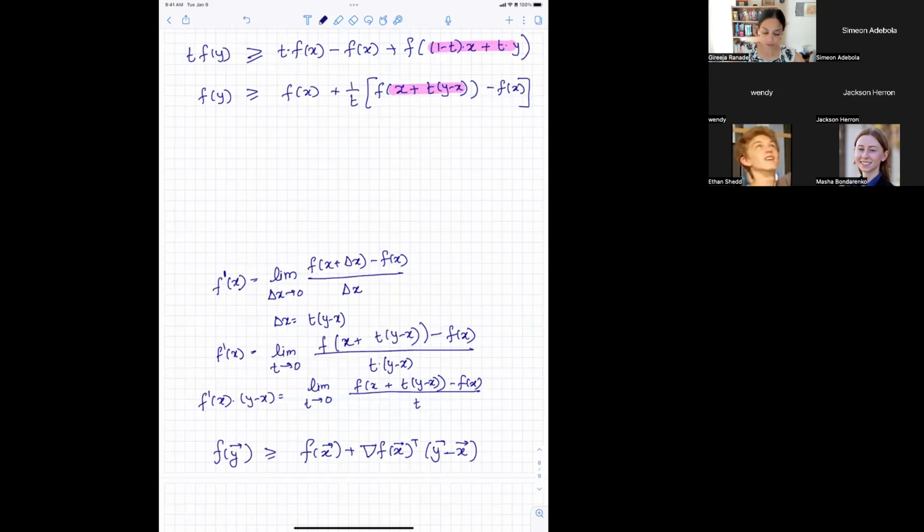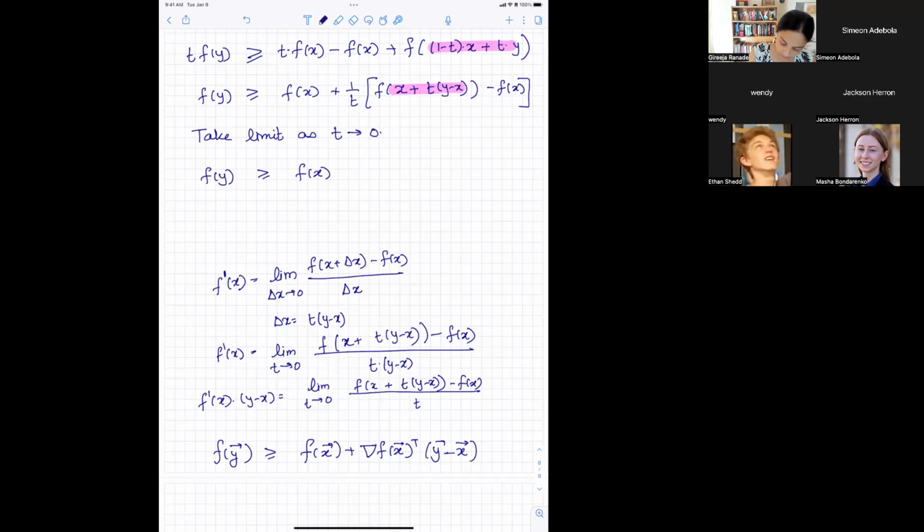Okay, good. Now, with this, what if I take limits on both sides of this inequality? Limit as t tends to 0. F of y remains f of y. Let me write that out. Take the limit as t goes to 0, which gives me f of y is greater than or equal to f of x, and this is exactly the quantity that I computed the limit of here.